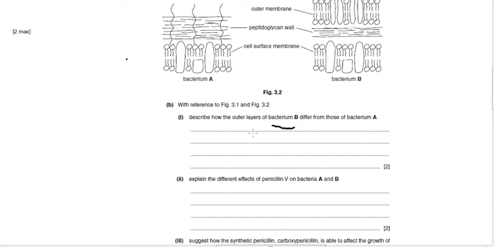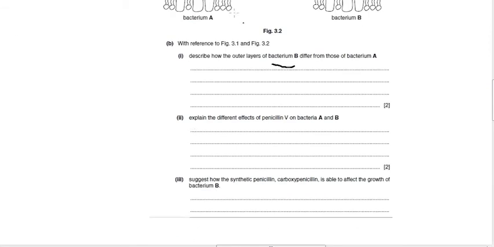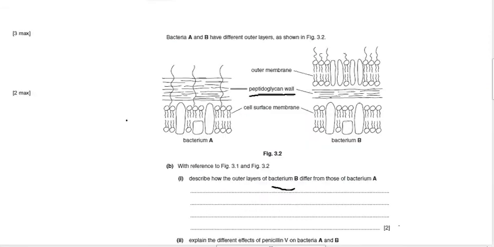So obviously it will have a large impact on this peptidoglycan wall. This is the cross-linking. I think there are no cell surface membranes here, the receptors, right? Now look over here.